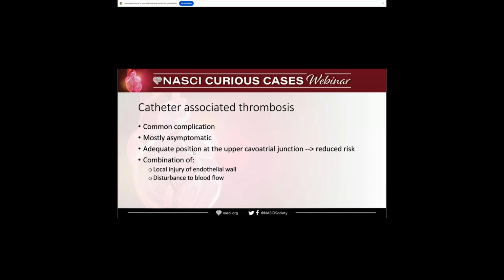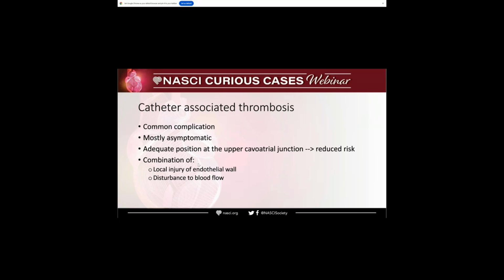Usually it's asymptomatic, but the thrombus can dislodge and go with the bloodstream to form a pulmonary embolus.